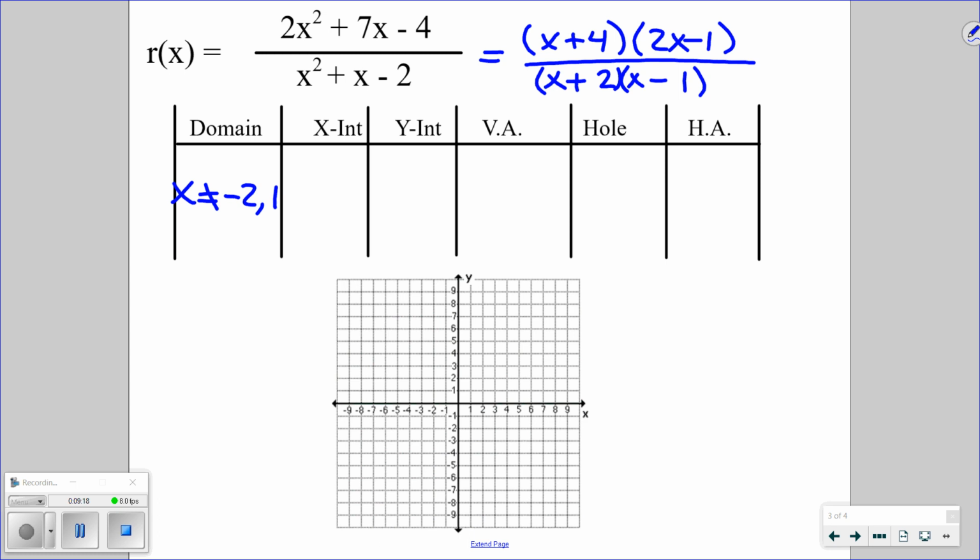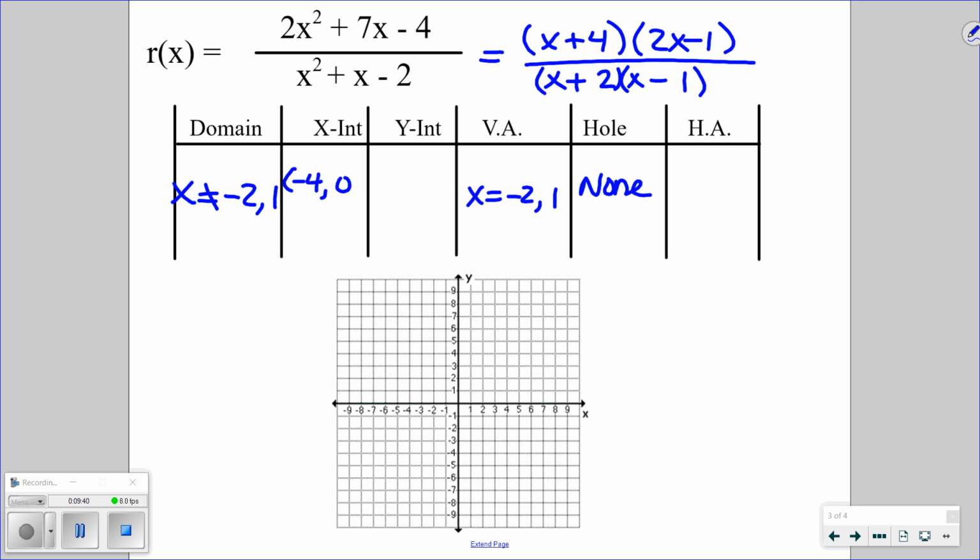Okay, and again, the next thing I would look at is, do we have any factors the same in the numerator and the denominator? We do not, so that tells you there is no hole, which means there's actually 2 vertical asymptotes. Okay, there are 2 x-intercepts which come from zeros of the numerator.